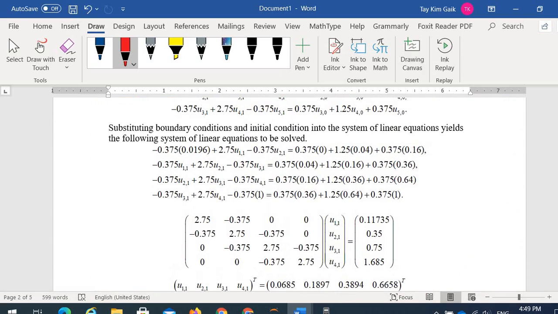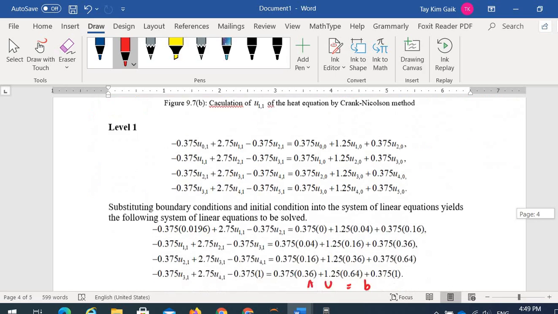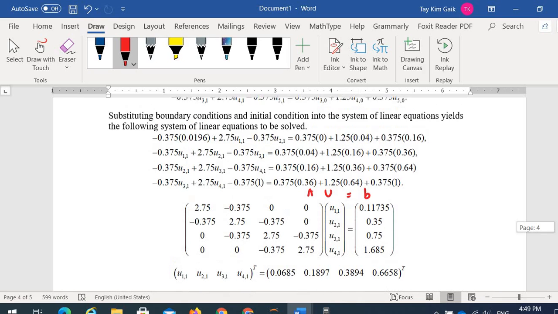So we have Au equal to b. A main diagonal is 2.75, tridiagonal matrix only, off diagonal is minus r. You want to solve for level 1: U11, U21, U31, U41. So this is your matrix equation Au equal to B. How can you get your B quickly?